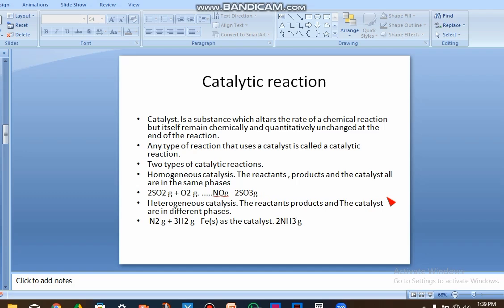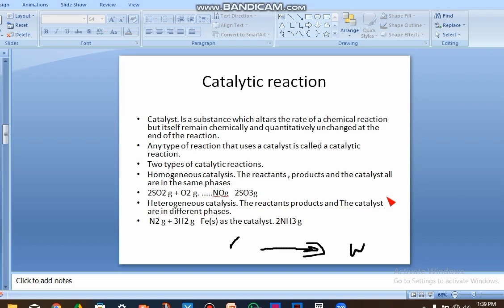When we talk about catalyst, in some chemical reactions, let me draw this. Let me say this is a forward reaction, and this is an arrow. The reactants will be here, while the products will be here.